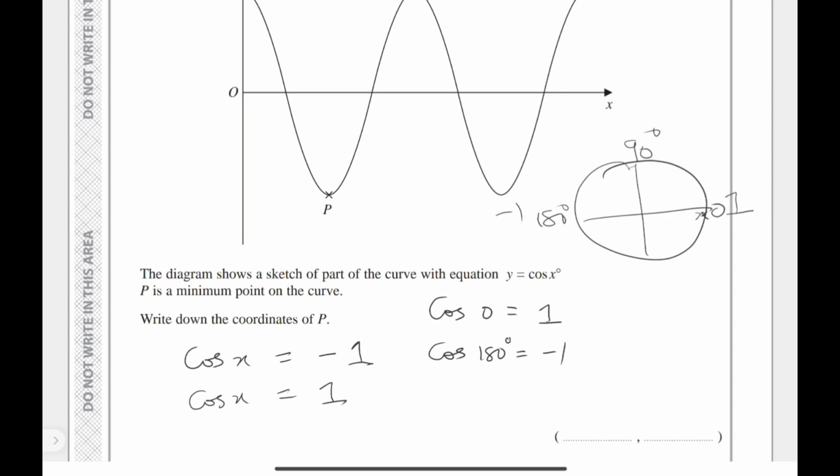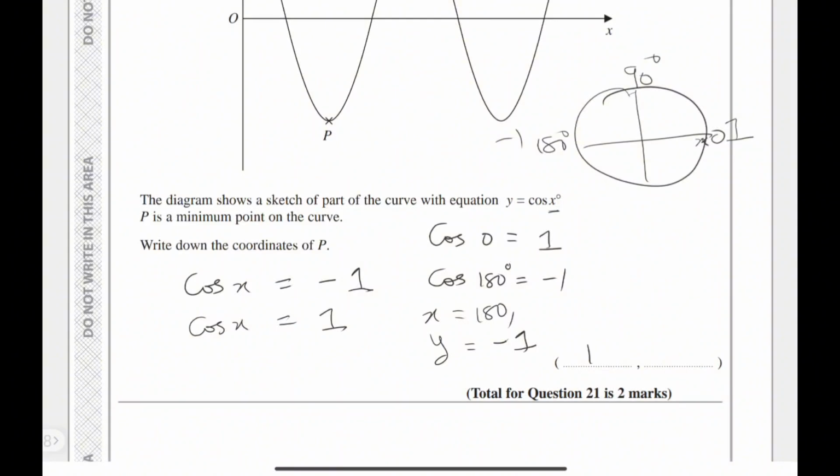So what does that mean? It means that the value of x here is going to be 180 degrees, while the value of y is going to be -1. So the coordinate of point P is going to be 180 degrees, comma, -1.